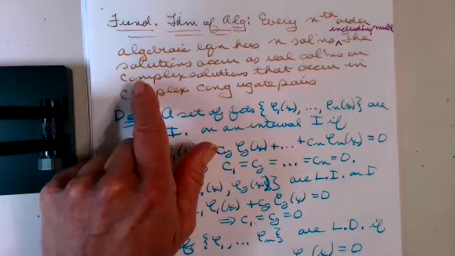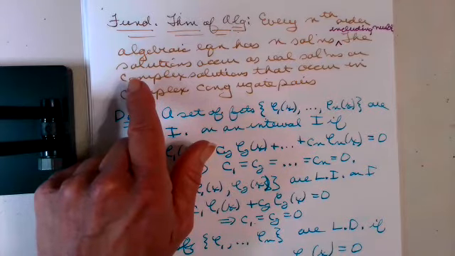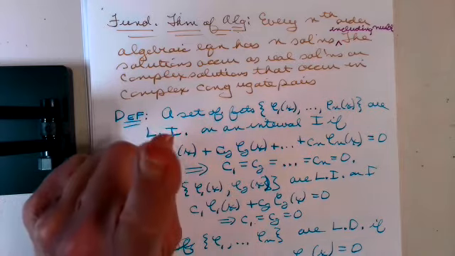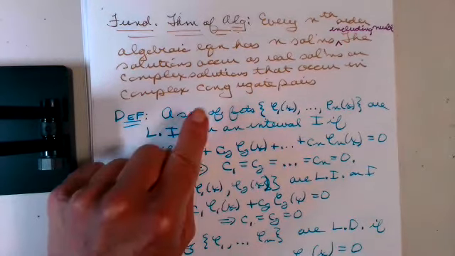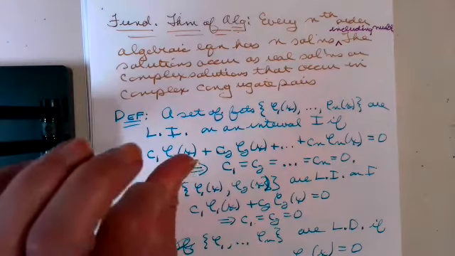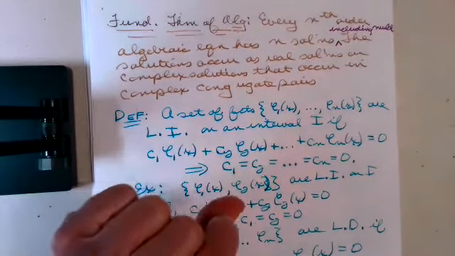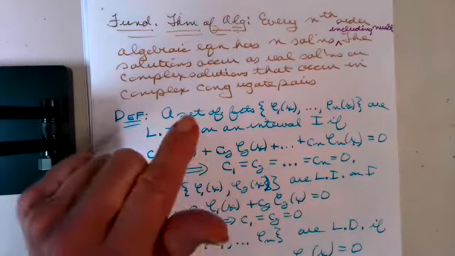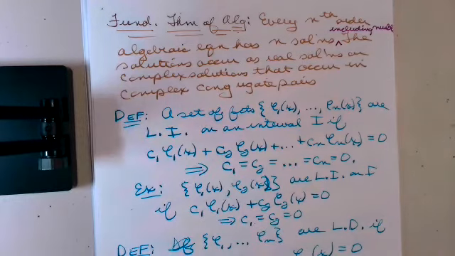The solutions either occur as real numbers, or if they're complex numbers, they occur in complex conjugate pairs. That happens so long as the coefficients in that equation are real, and all of ours will be.